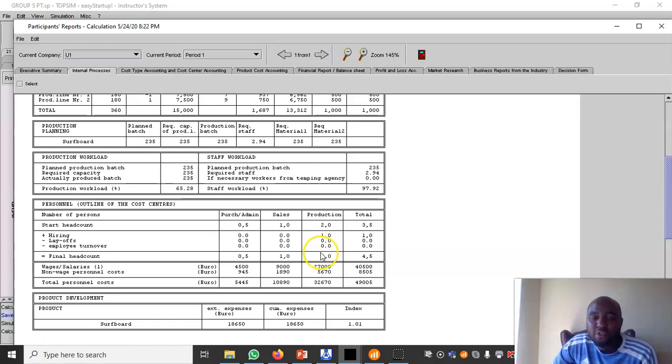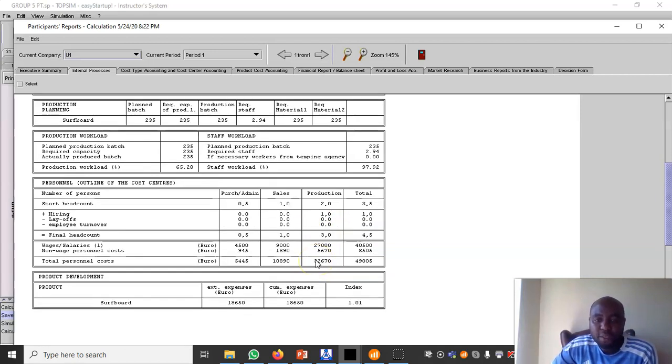You need to know this because under personnel, you will have to decide whether to hire or fire workers depending on how many workers you will need from your planning for period 2. The difference between the workers you will need under the planning tool in period 2 and this one will give you a decision whether to hire or fire someone. But I will explain that during the live session, if you schedule a live session with me.